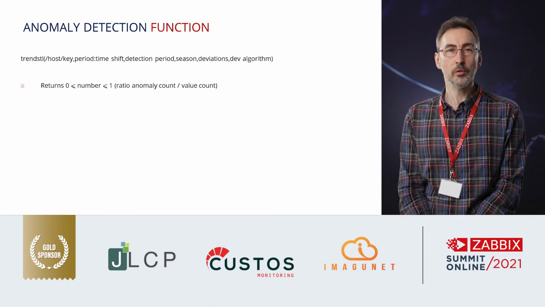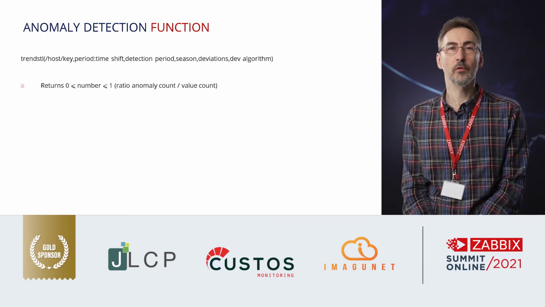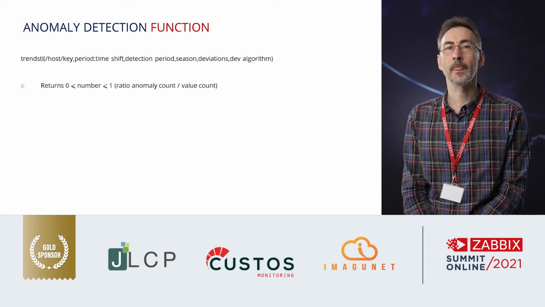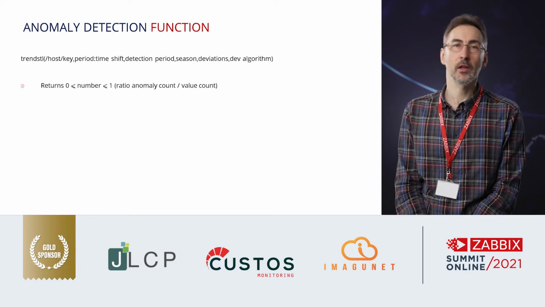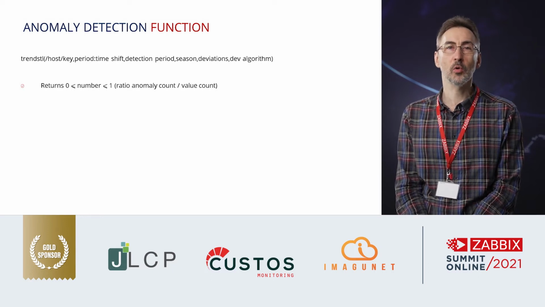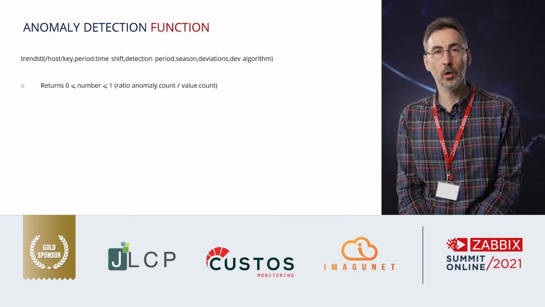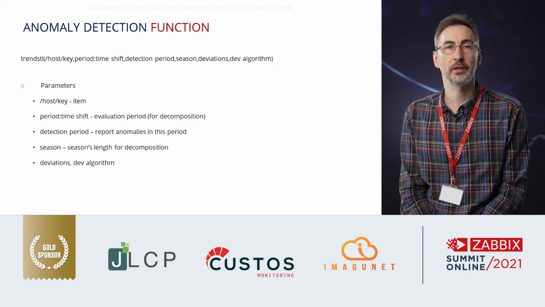The function returns a number between 0 and 1. It is a ratio of a number of anomalous points to a number of points. I'll not go into much detail about each parameter as all these are described in the manual. Let's just have a quick walk through these parameters so you get a general idea.